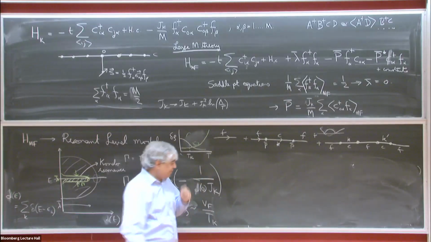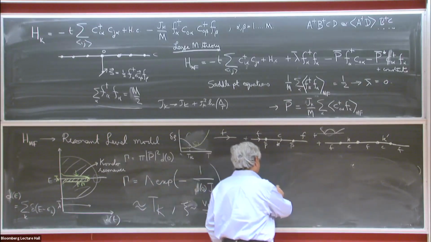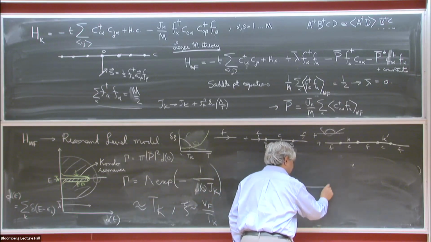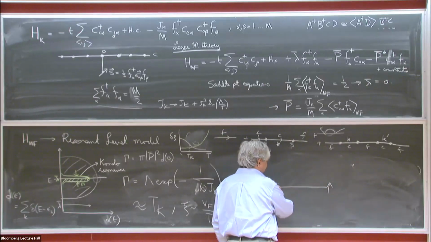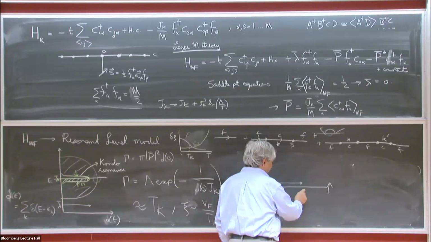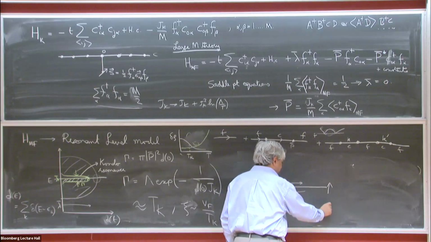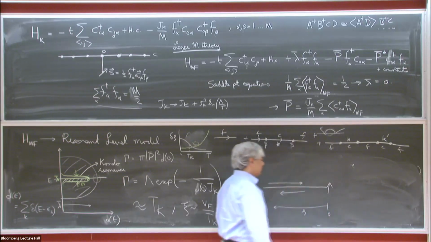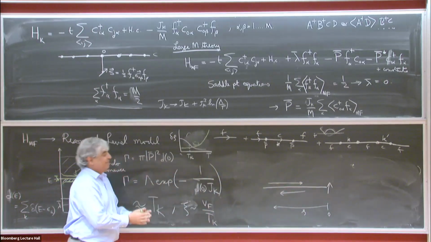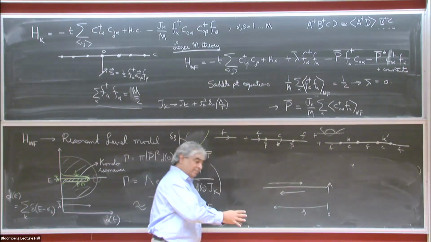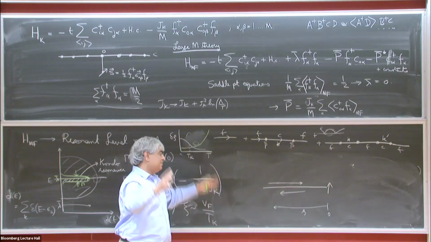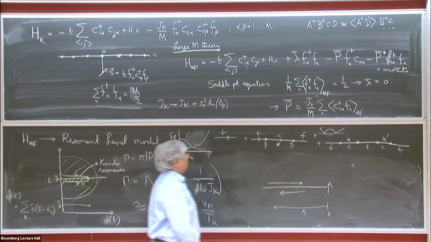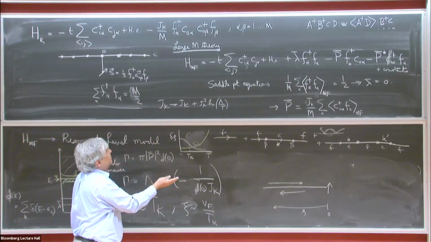Roughly speaking, you have a line with an impurity spin sitting here, and you have the conduction electrons coming in and getting scattered back. You can think of this direction as a radial direction, which stops at the origin. So you go into spherical coordinates, and you have incoming spherical waves and outgoing spherical waves, and they scatter off the spin at the origin. That's effectively the problem you solve.